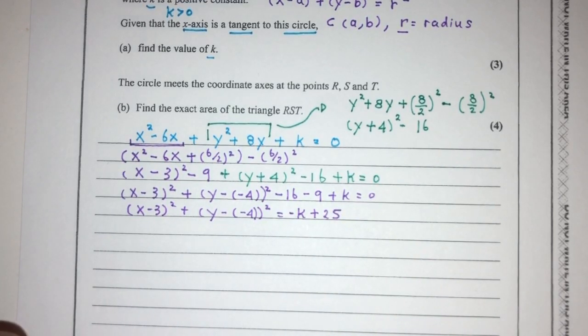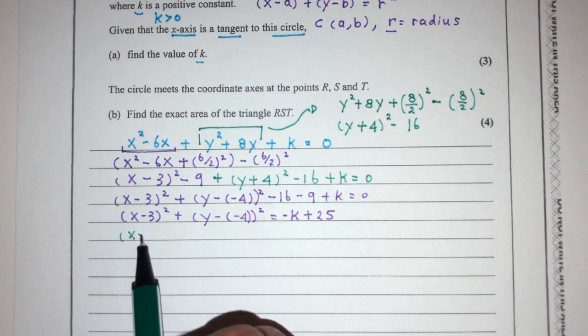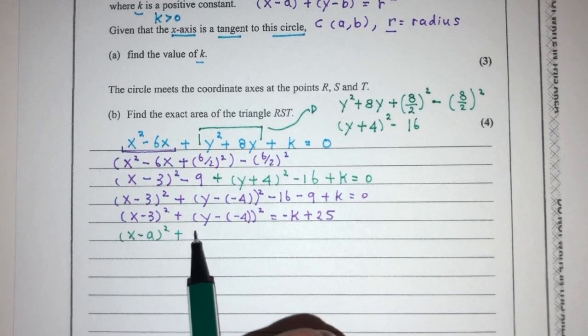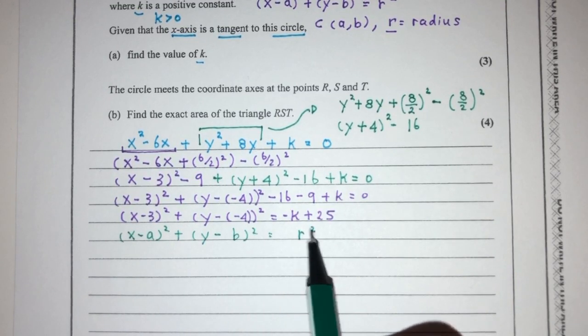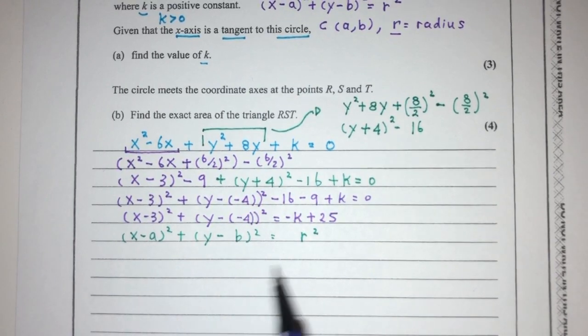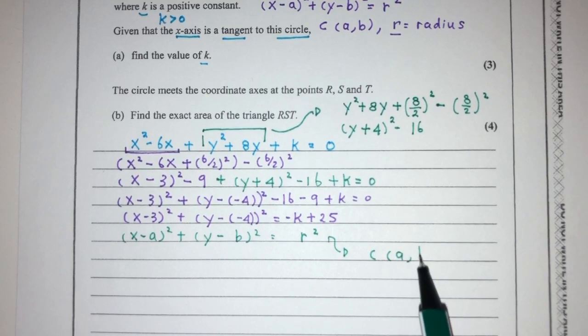That's the main thing. Now by comparison, here we used to have this equal to r squared. The center, based on the equation that we have known, was a and b.